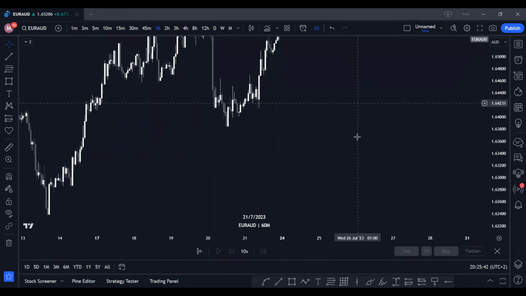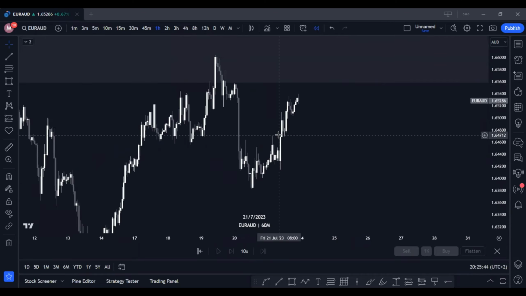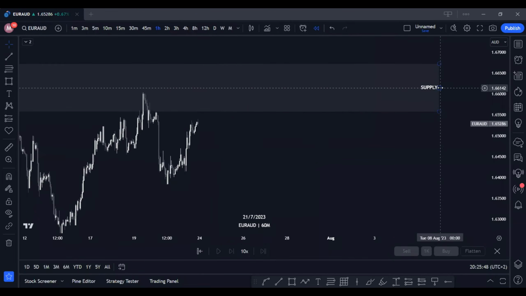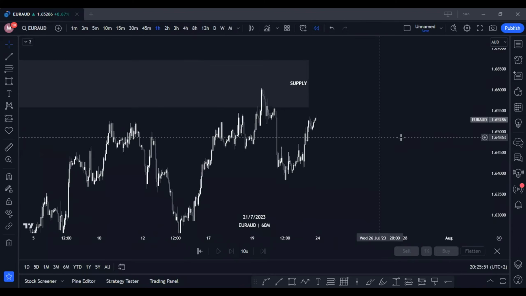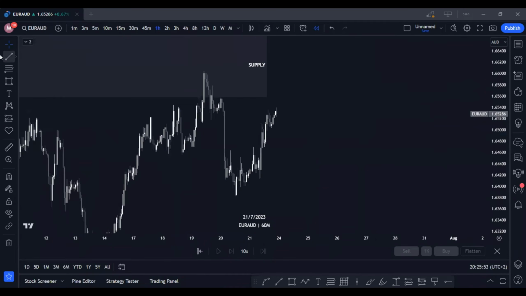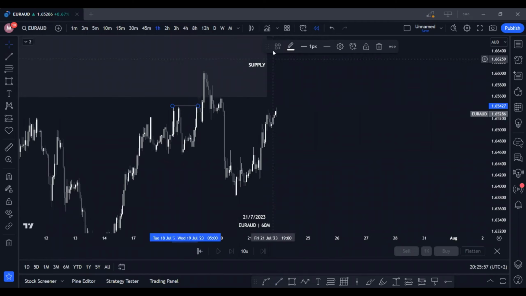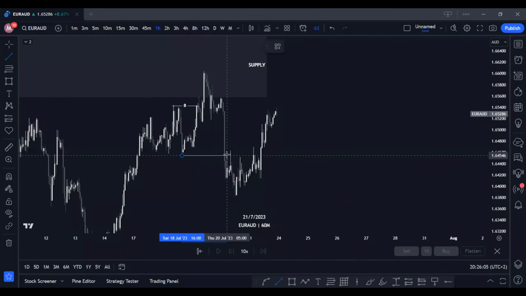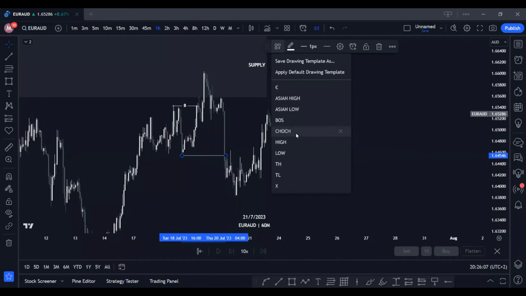Okay, so now we can see here we have this beautiful change of character model here. This beautiful change of character here. So we can see here we have this break of structure, and we also have this change of character here.